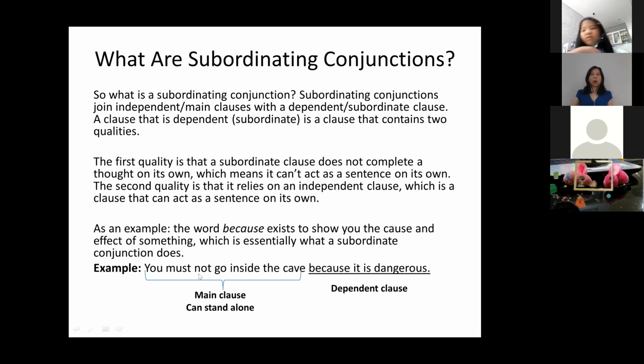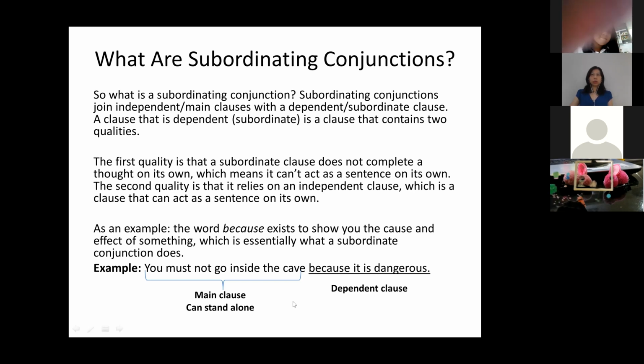Now, what you need to copy is only this example here. Please copy this example. So you know that this is the main clause and it can stand alone, but the dependent clause cannot stand alone because it does not complete a thought on its own. When you tell someone, "because it is dangerous," they will get confused.